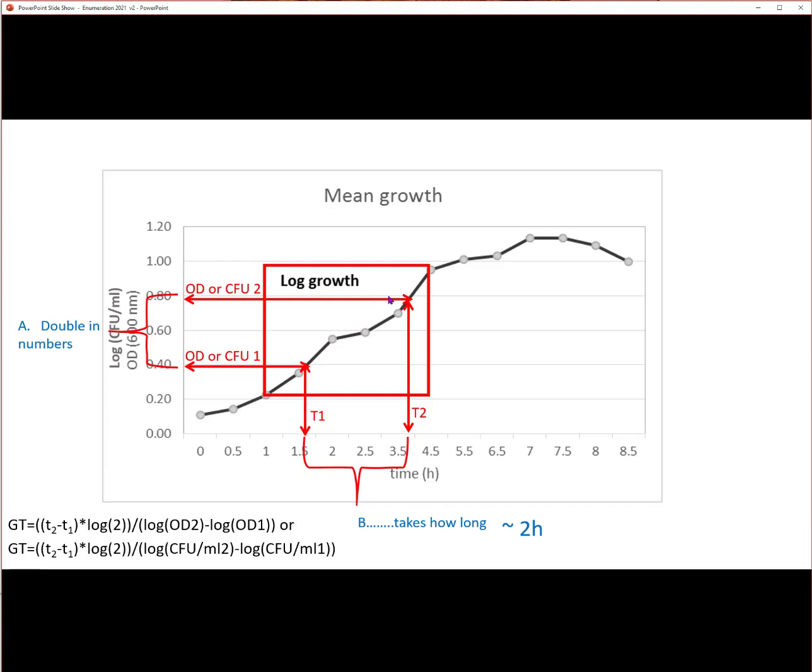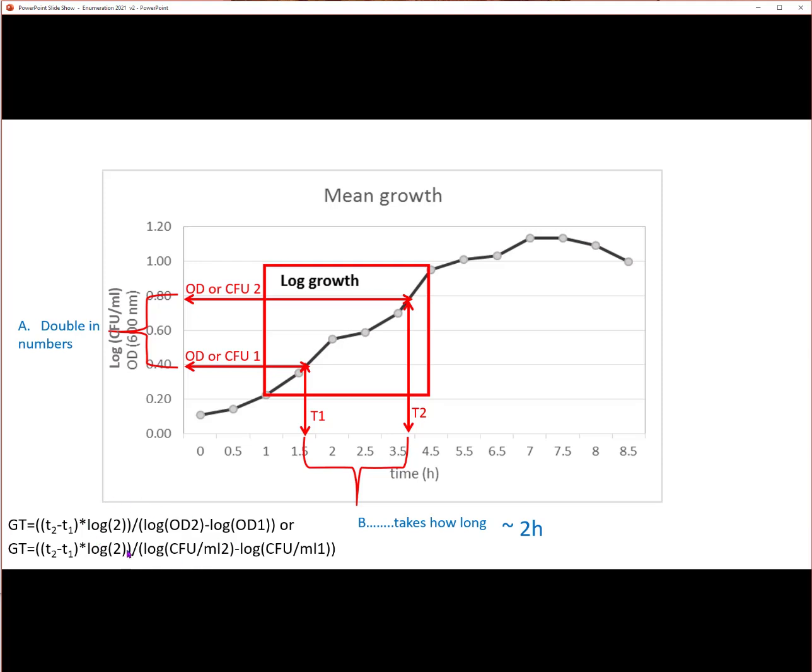And so you can just really eyeball it and go over on your axis and see, so at my final destination at 0.8, it's about 3.5 hours. In my initial time, when I had half the numbers of cells, it was about 1.5. So what's the difference between T2 and T1? So it's about 2 hours to double the number of cells. And that's how you can eyeball it.